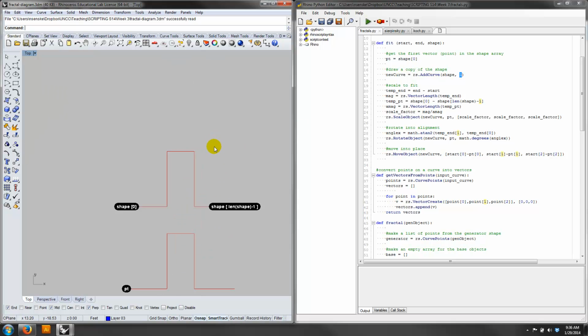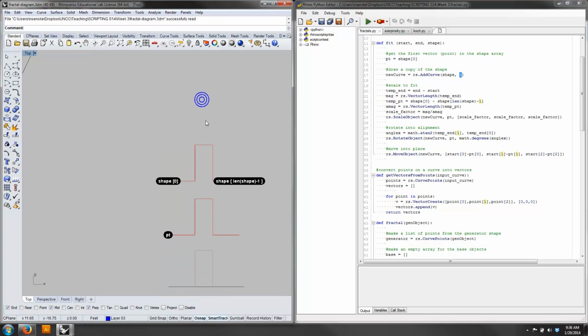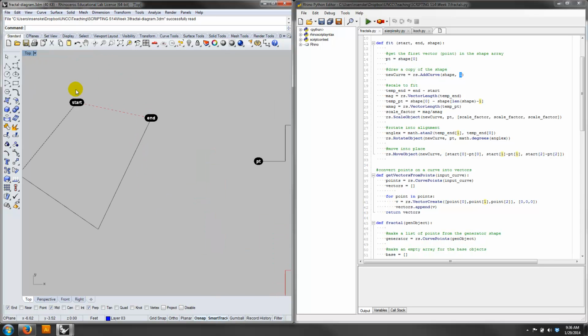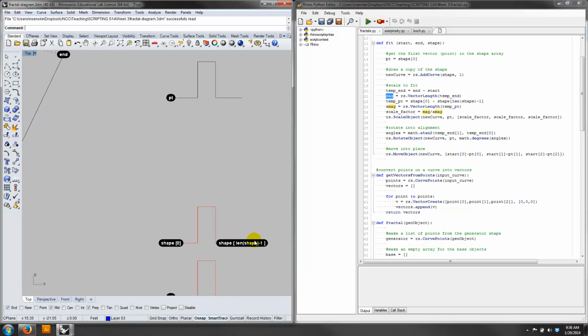Okay. Then we're going to go in and we're going to scale that curve. And we go ahead right away. We figure out, first of all, what the length of this line is from start to end. That's what temp n is going to be. So the vector length of that is mag. Then we're going to find out what the length of this is by taking the array.